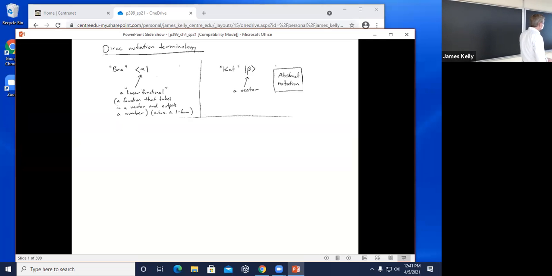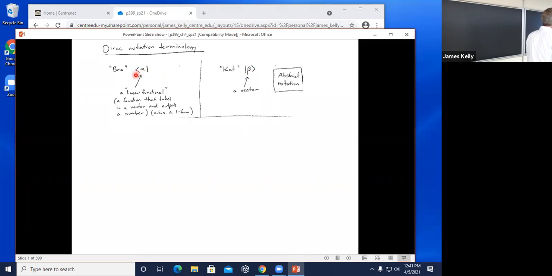And today we're just going to talk more generally about Dirac notation. That specifically means not just denoting a vector like this, but dividing up the inner product into 2 pieces. Because it's a bracket, Dirac called this the bra and this the ket.